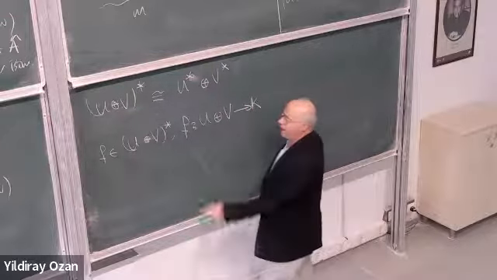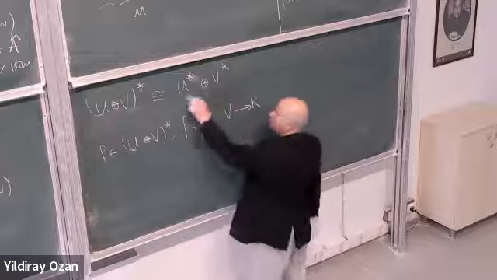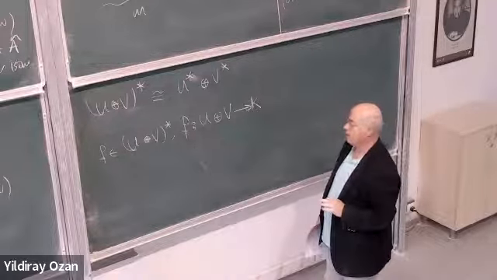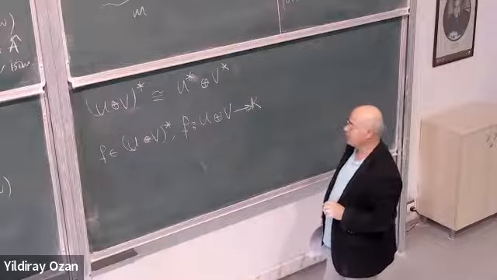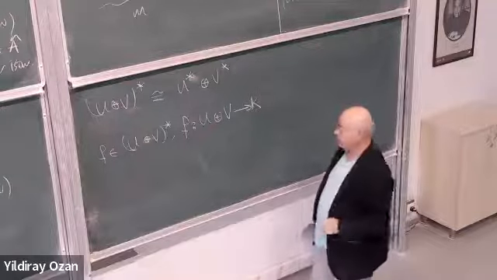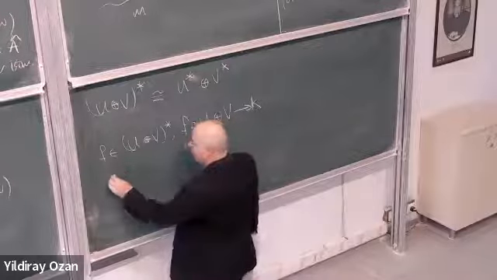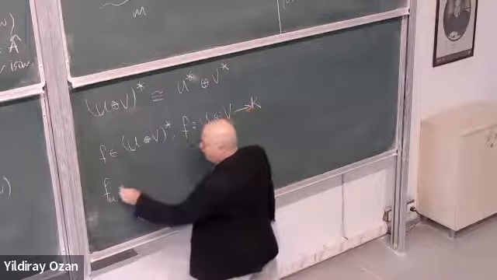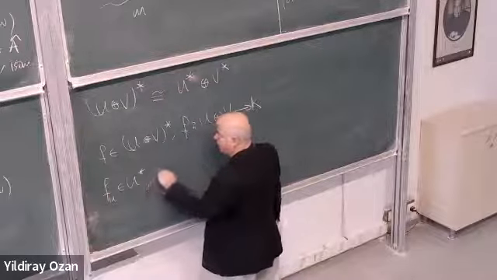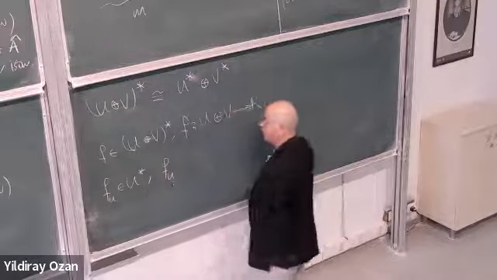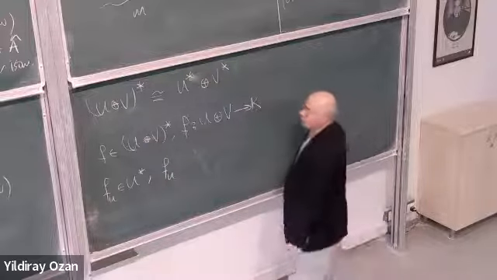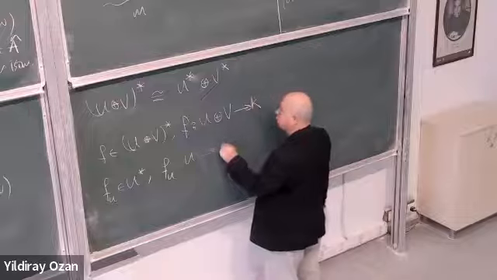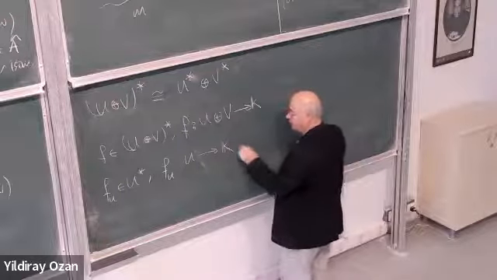Now I should send this to an element of this direct sum. How can I do this? Well, I define f_U as an element of U star, from U into K, and how is it defined?